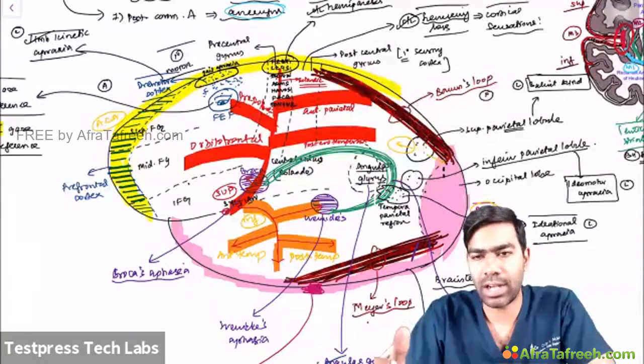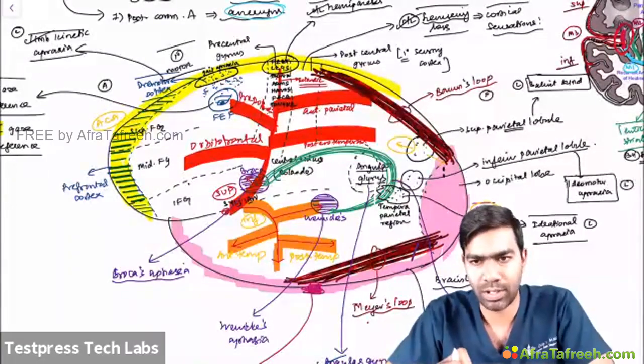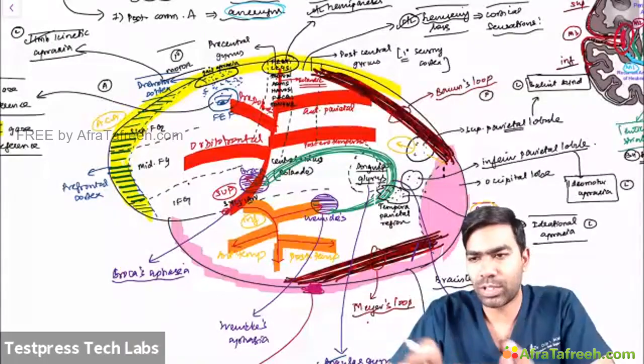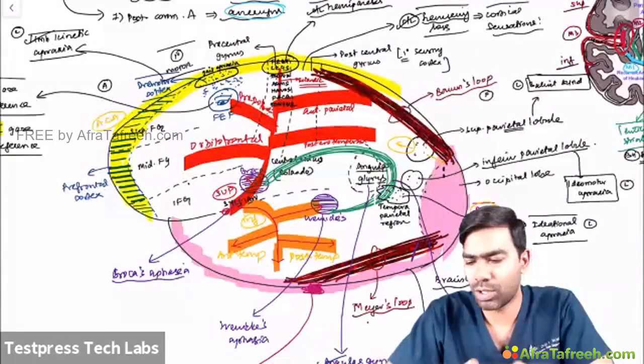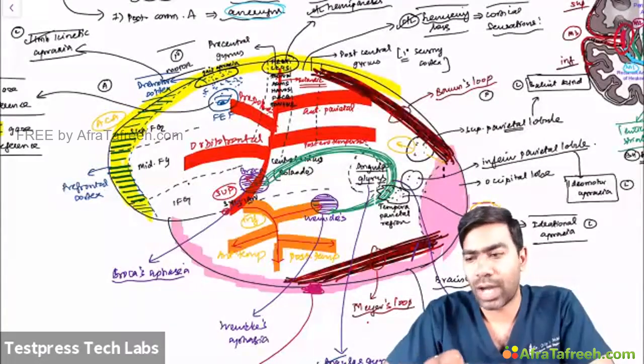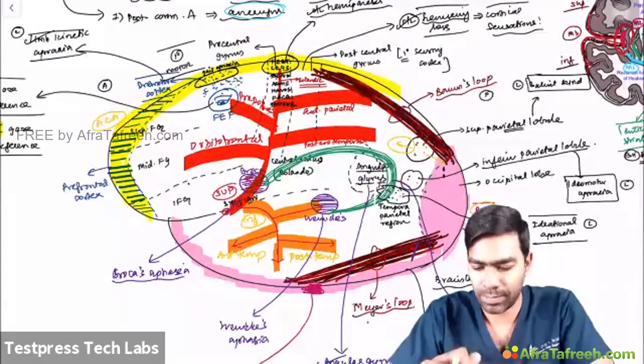So damage to that area may result in development of ideational apraxia. Gait apraxia is also usually on the dominant side lesion only. Both sides usually will not cause it. Dominant side usually causes gait apraxia. Most of the things will be on the dominant side only. So ideational apraxia is because of damage to the parieto-temporal junction in the posterior aspect.